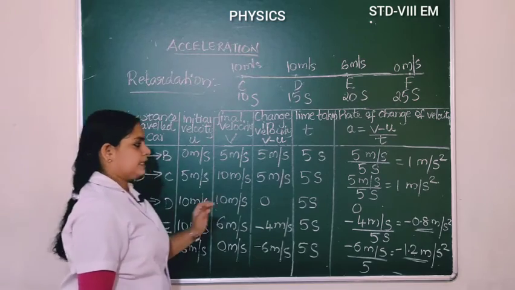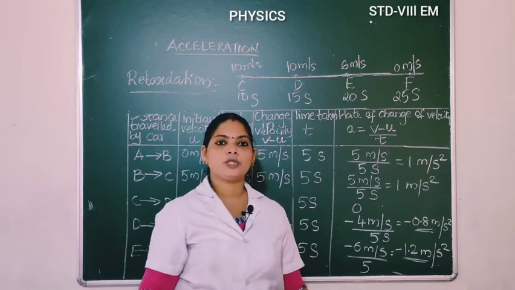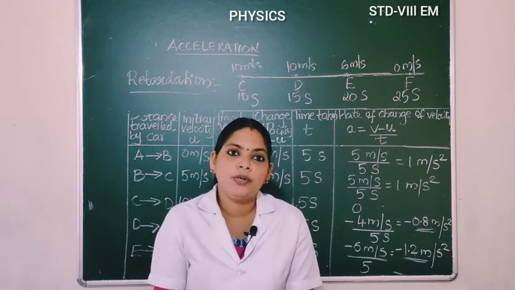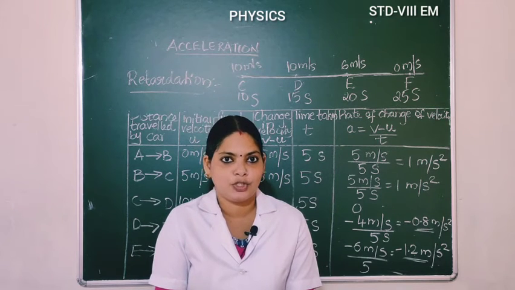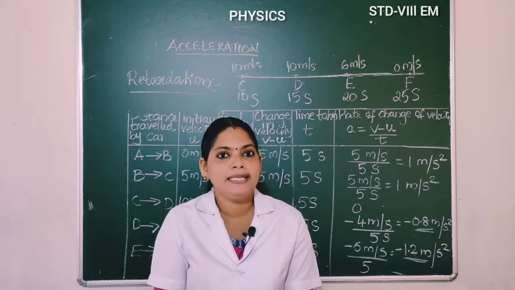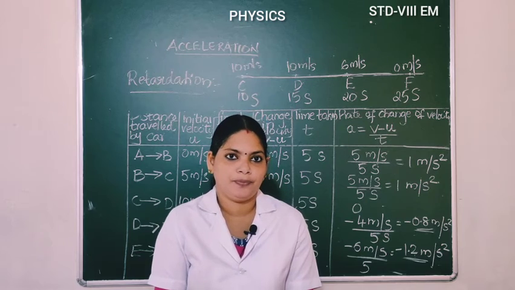So the negative acceleration is otherwise known as retardation. The unit of negative acceleration or retardation is also meter per second square.